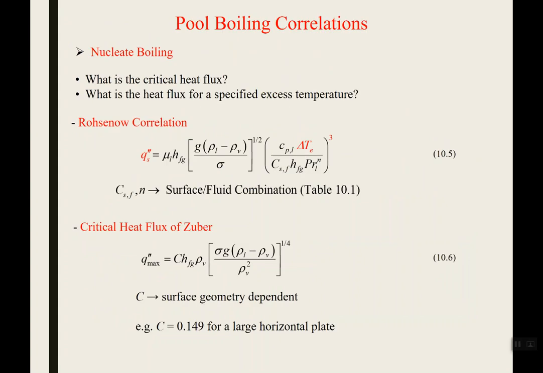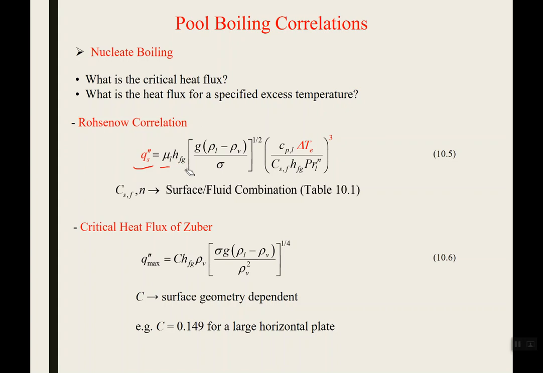So some interesting theory there. Now let's get into the correlations that we've all grown so fond of. To calculate the amount of heat going in, you can use this Rohsenow correlation. This just tells us that our flux is equal to the viscosity of the liquid. Notice these subscripts: L stands for liquid, v stands for vapor, and just to make things even more confusing, h_fg is the heat of vaporization going from a fluid to a gas.